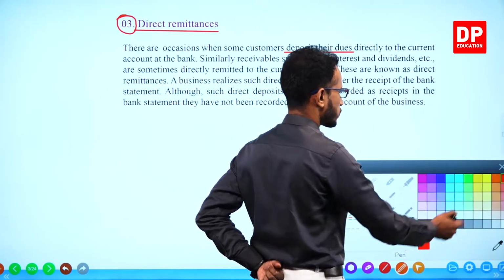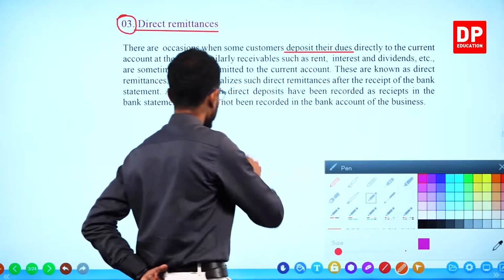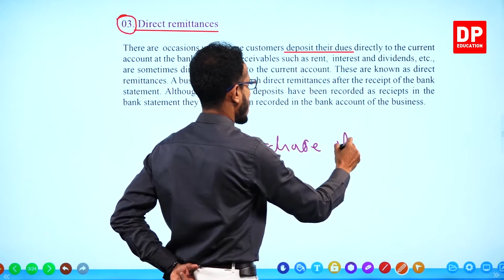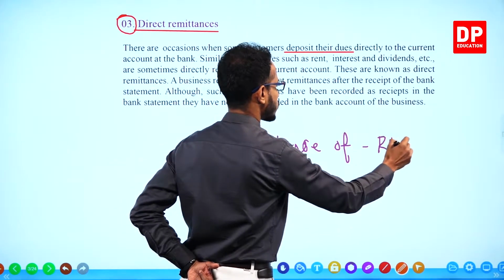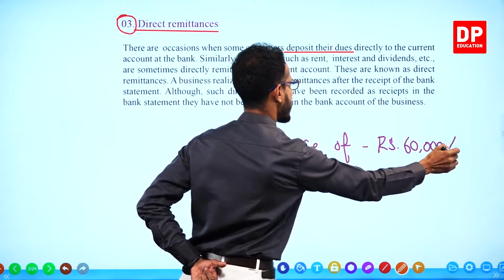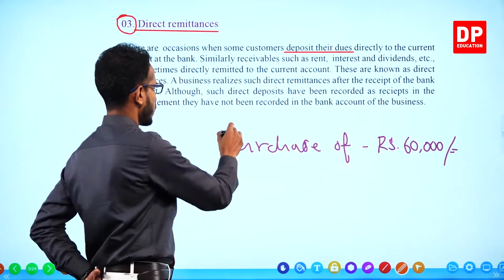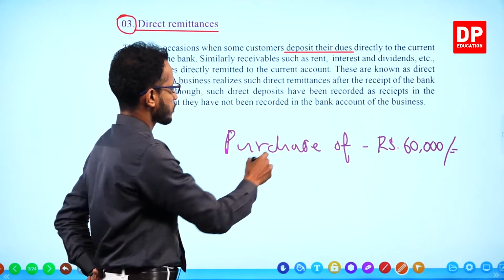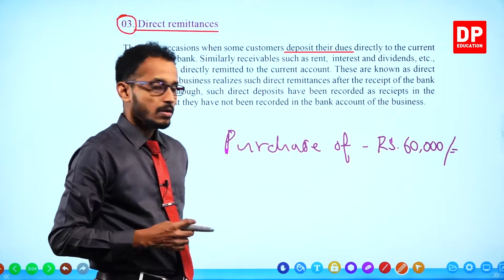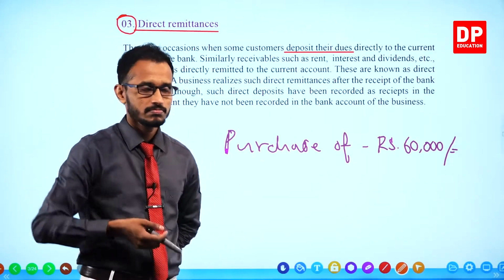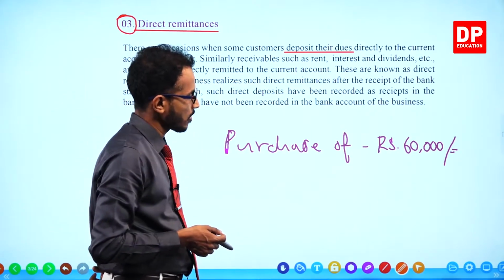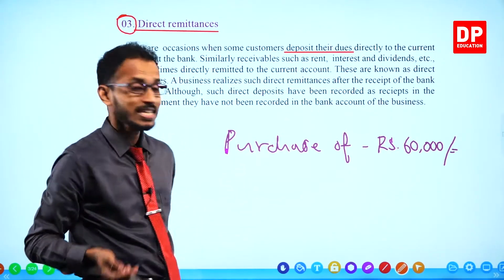A purchase of rupees 60,000. A known customer, a regular customer. And he has bought goods worth 60,000.